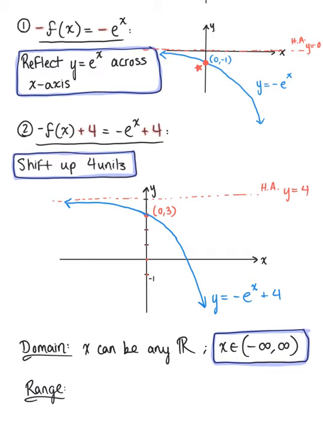So keep in mind here that we have a horizontal asymptote when y is equal to 4. So the graph of this exponential cannot cross this horizontal line. But we can see the graph could attain any y value less than that. So for the range, y is going to be strictly less than 4.